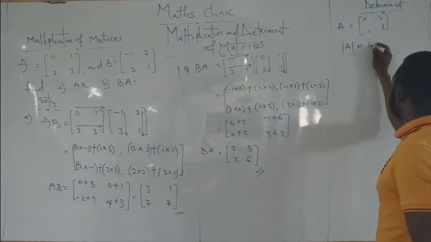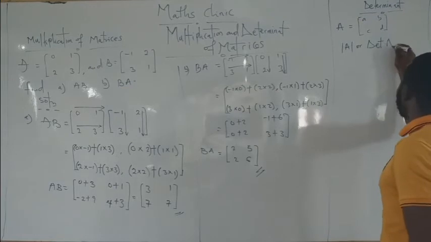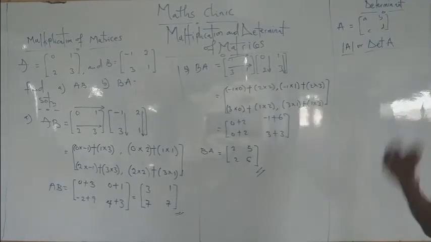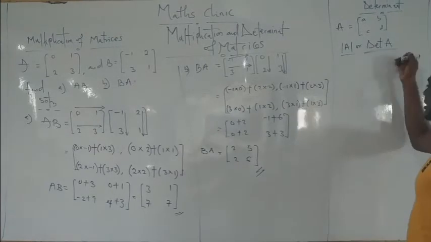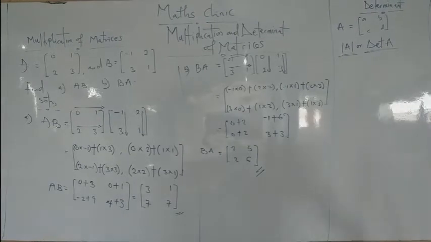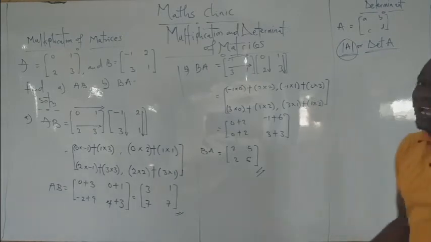Determinant of A. You can see this or this. So in case you check your textbook, you see this is still the same thing as determinant, and this also represents determinant. But I'm going to be using this. It's the same thing as determinant of matrix.